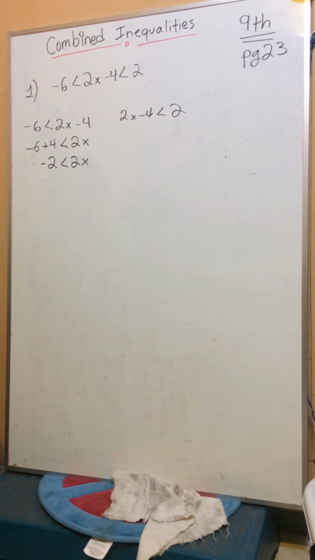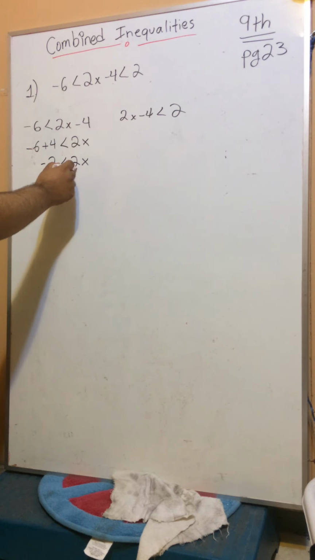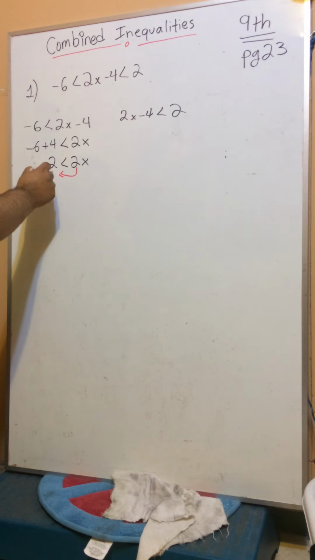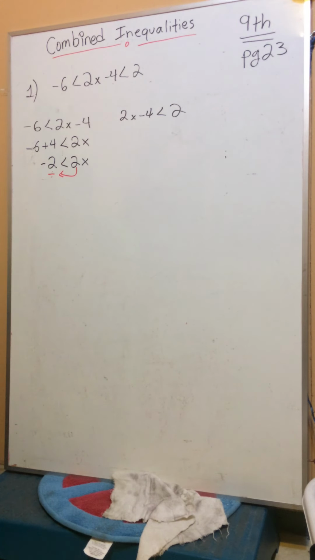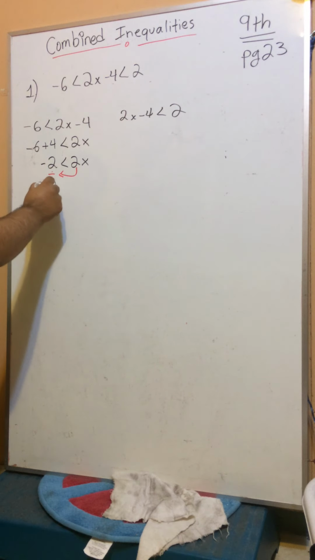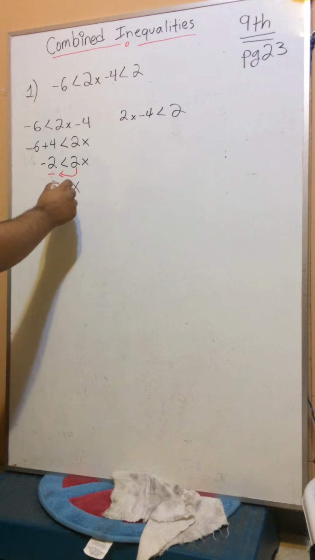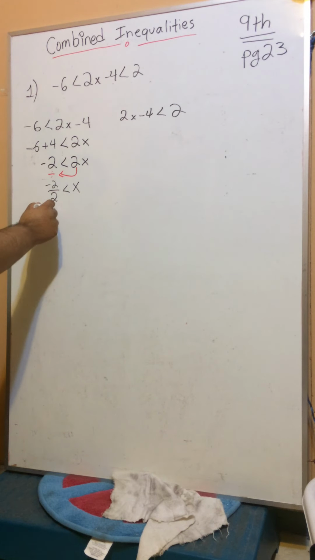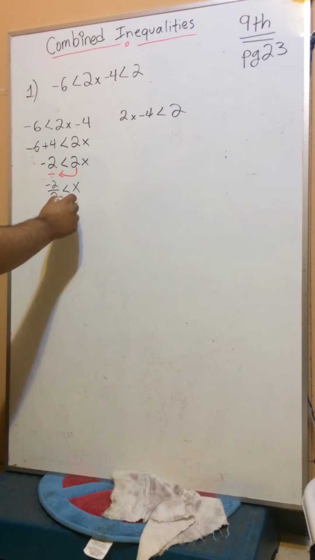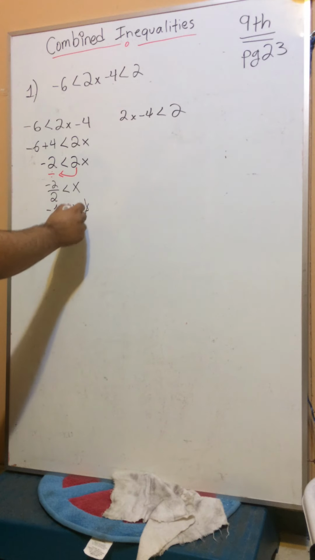This 2 is multiplying, so I'm going to switch it to the other side and divide. So when we divide, we have minus 2 divided by 2 less than x, and this would be minus 1. So we have the first side.